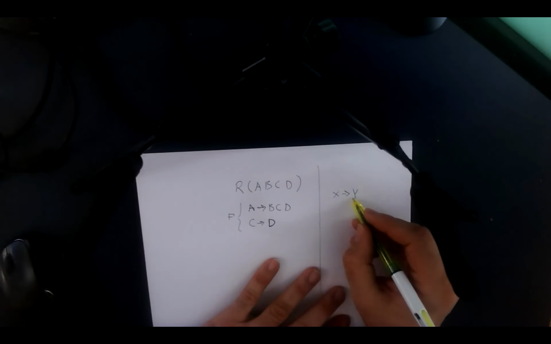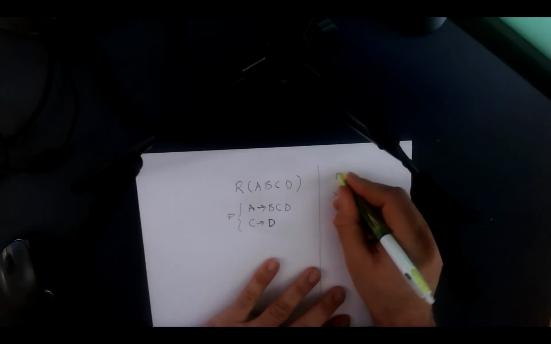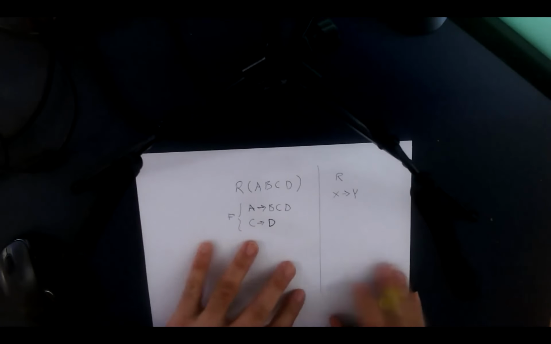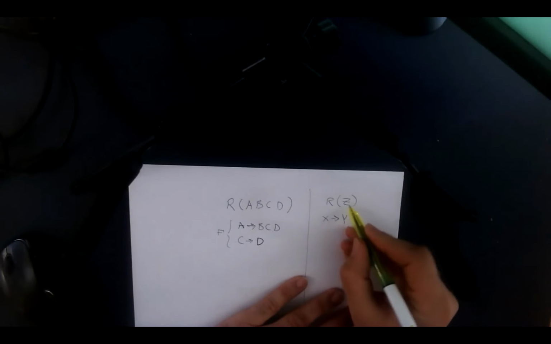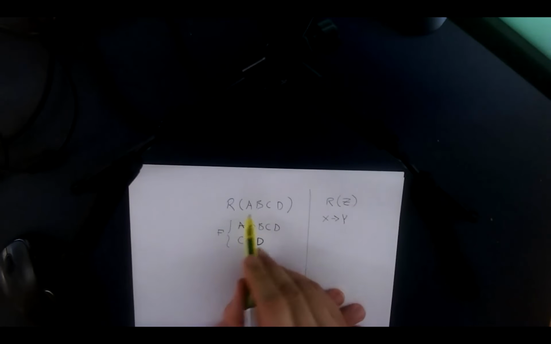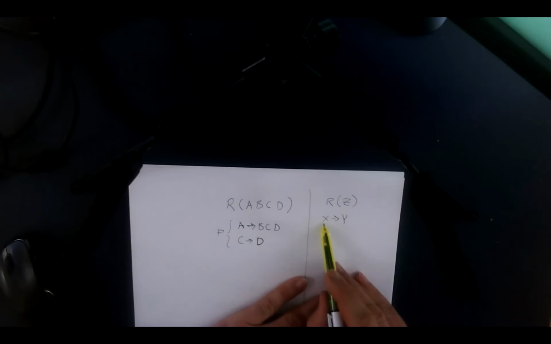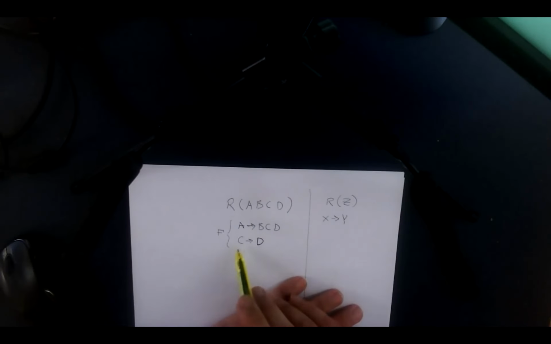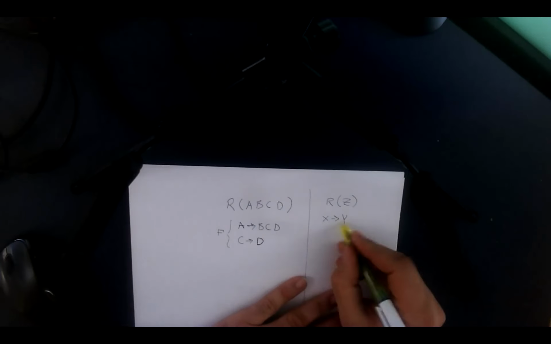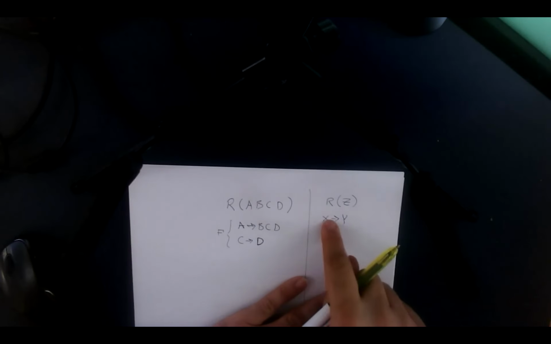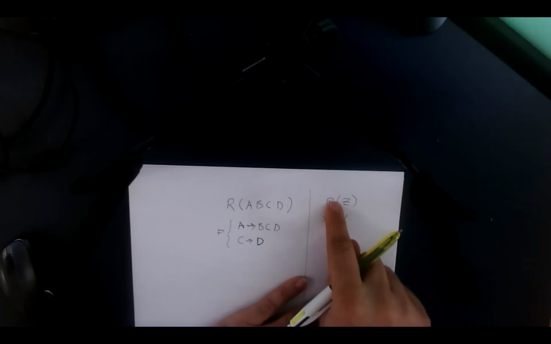We have R, and R is over Z. So Z are all the attributes, in this case A, B, C, and D. And this X corresponds to C, and Y corresponds to D. More abstractly, this is an offending functional dependency because X is not a superkey of R.